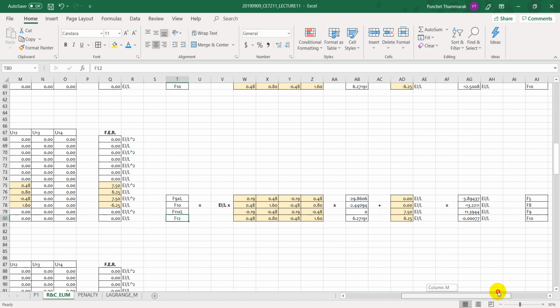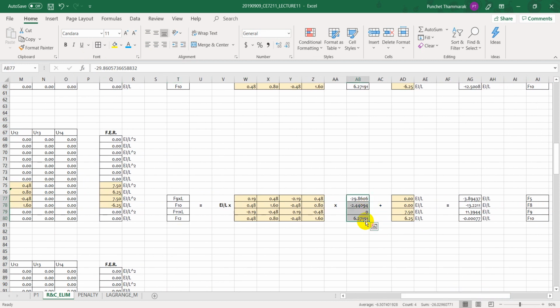Okay, and then we clean this up. We also clean this up.